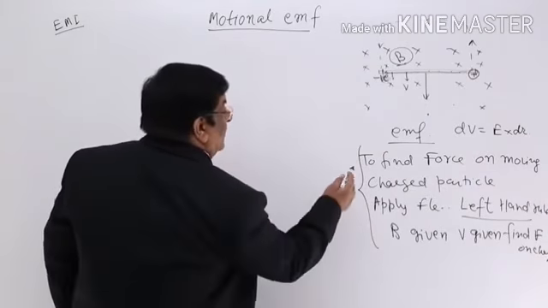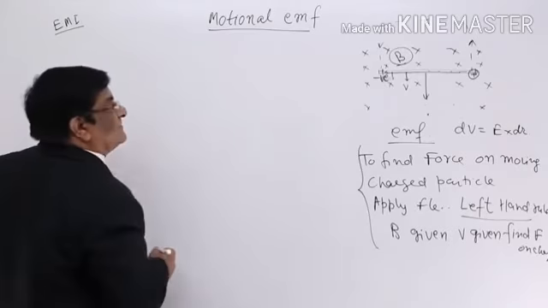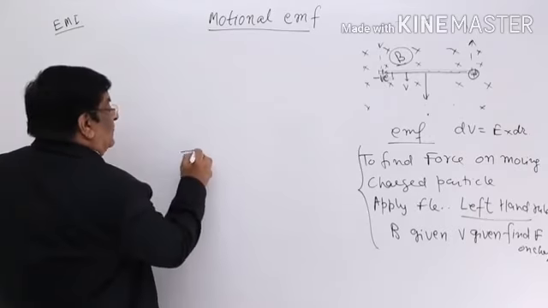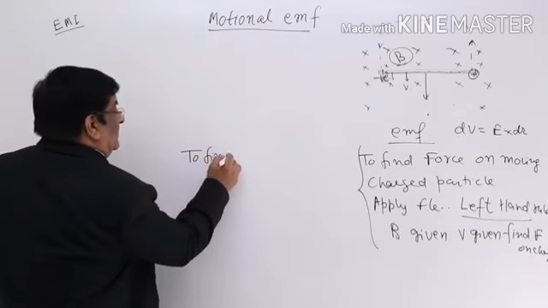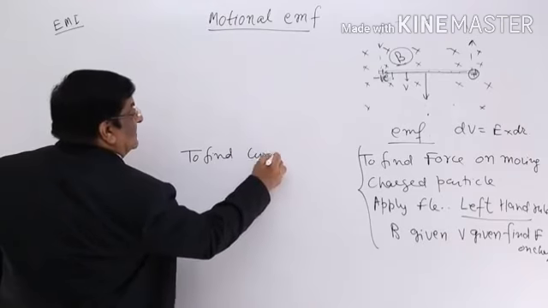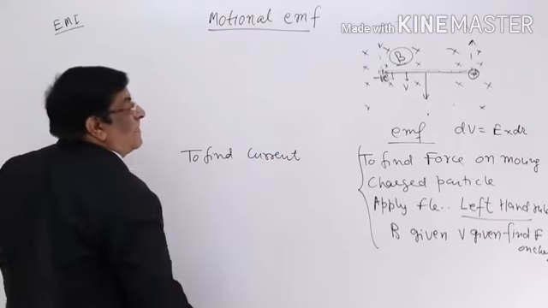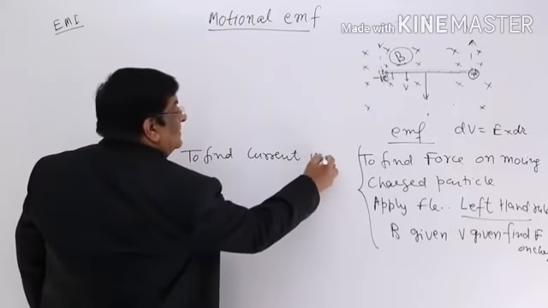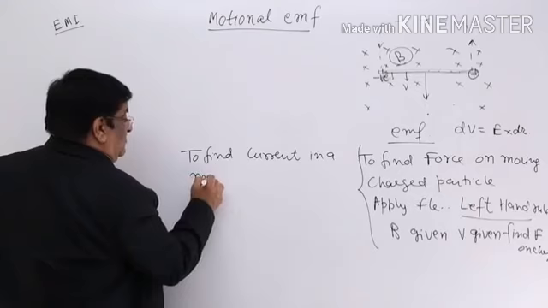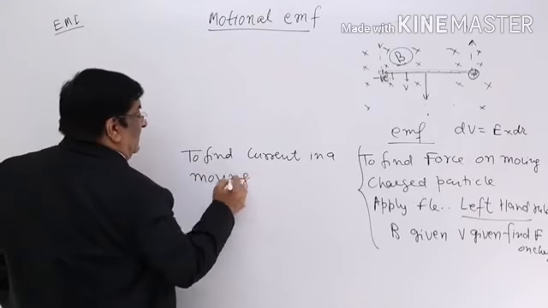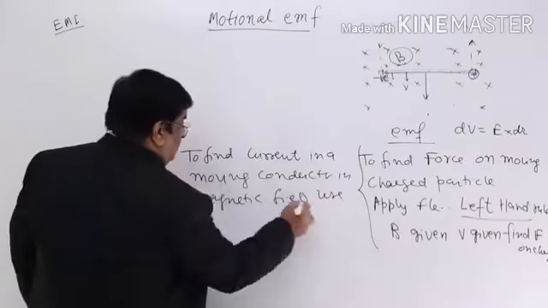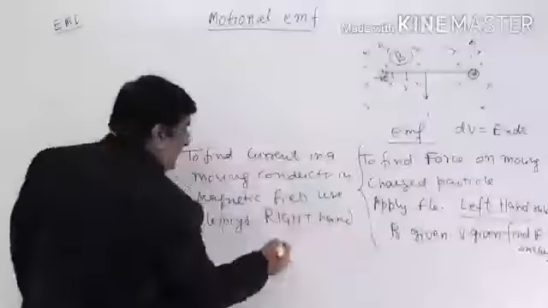Okay, now there is another exercise: to find the current in a moving conductor in a magnetic field. Use Fleming's right hand rule.